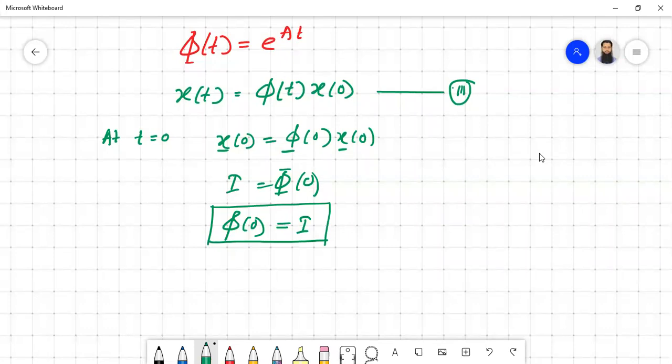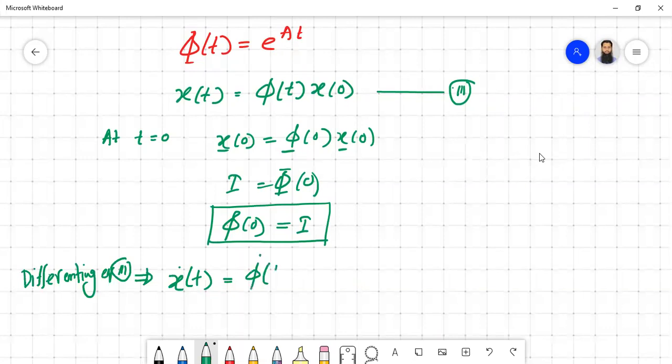Now, the second property, again from that equation. Okay, so equation 3, we are actually differentiating equation 3, which gives us x dot t equal to phi dot t, and since the initial condition will not change, that will remain as it is.